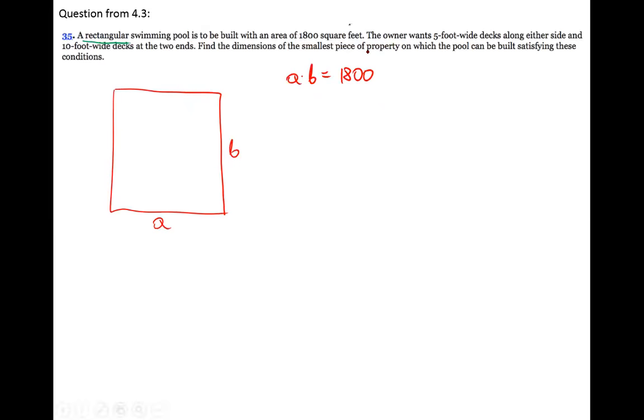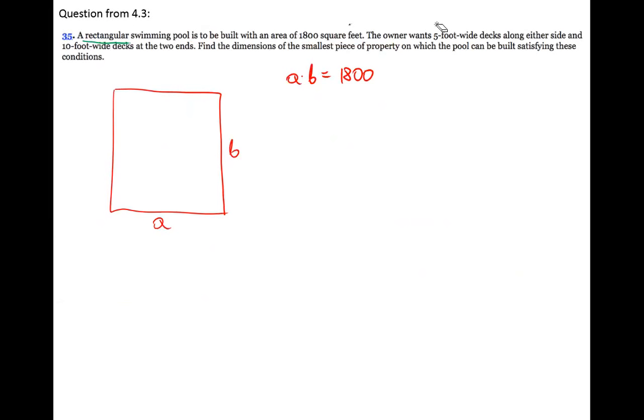Okay, rectangular. That means we have a rectangle with sides A and B, right? And I can say right away that A times B is 1,800. I translated my first sentence.